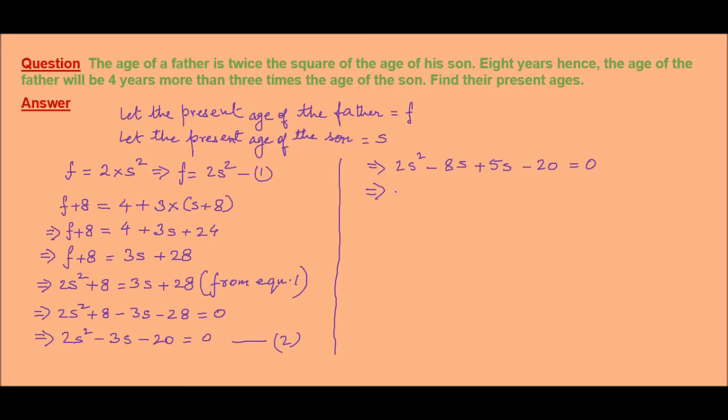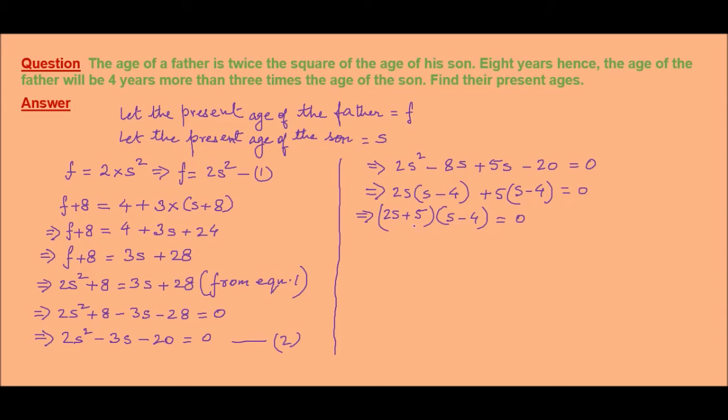We are taking out 2S as common from these two terms, and we have S minus 4 within the bracket. And from here we are having S minus 4 as well. So this is 2S plus 5 and S minus 4 is equal to 0.